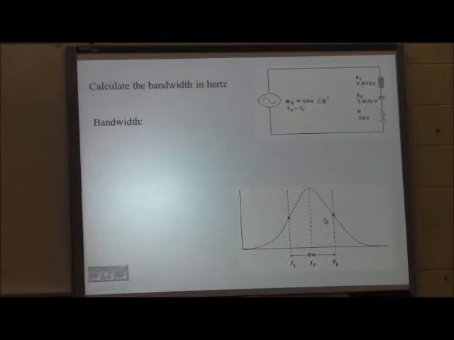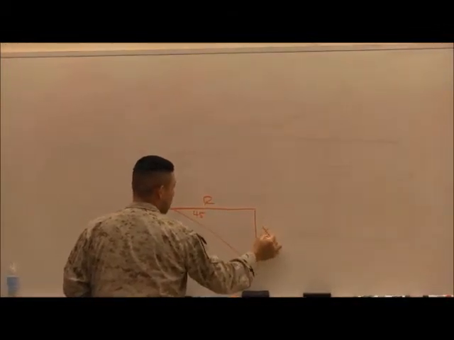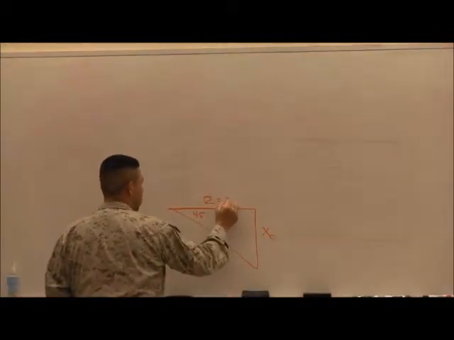Capacitive. So the angle for Z total is going to be negative 45, and the net X sub C is going to be equal to R. This is 45, this is R, this is X sub C, and R equals 30.